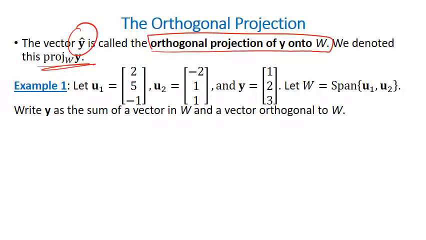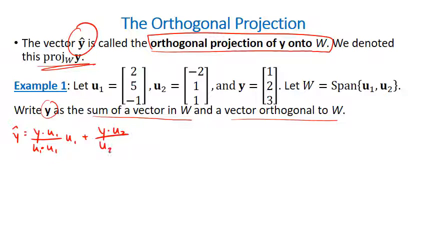We're given the same type of information we were given in the previous section, and we want to write y as a sum of a vector in W and a vector orthogonal to W. So what I want to do here is find y hat, and remember this is found by the following formula: y dot u1 divided by u1 dot u1 times vector u1, plus y dot u2 over u2 dot u2 times vector u2.